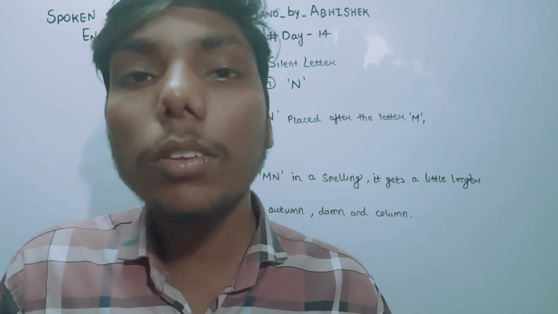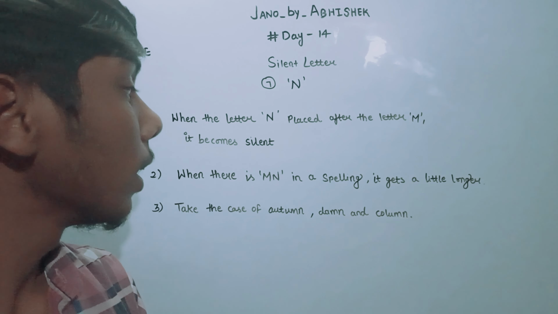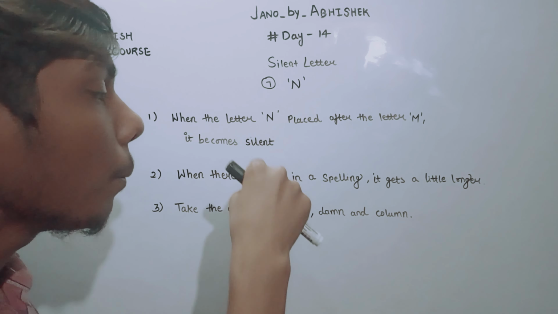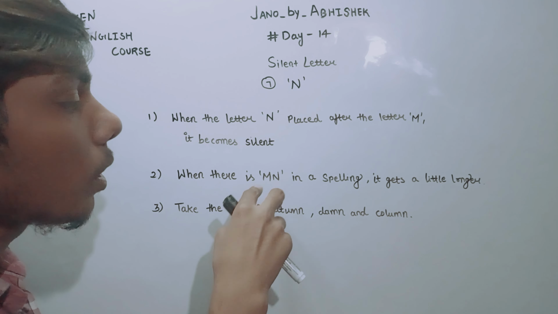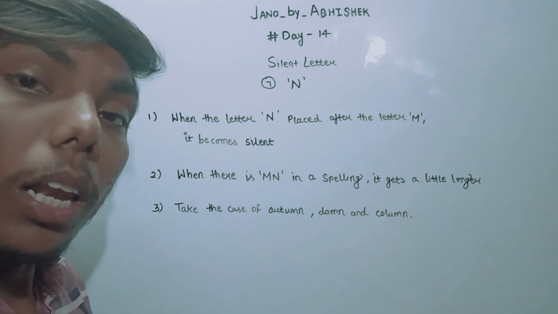So the letter G helps in stretching the word. We are not saying sin, we are saying sign. In the same way, here in the combination of M and N, N will be silent, but it will also help in stretching the word.